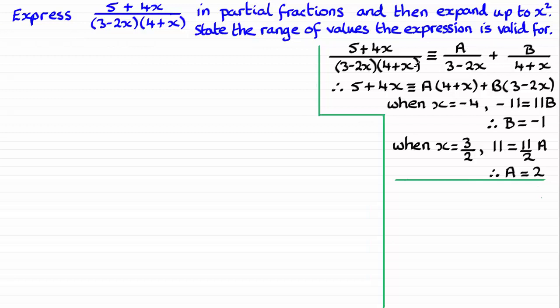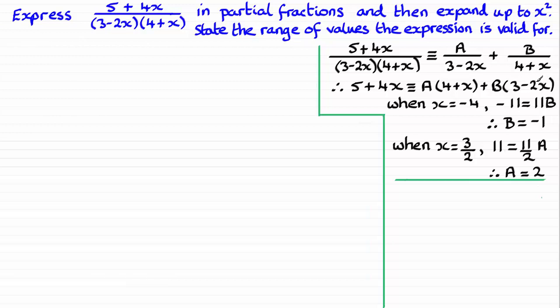Multiply both sides by the denominator, 3 minus 2x, 4 plus x, you should get this line here. And then we need to make each of these brackets 0, so we can make this bracket 0 by taking x as minus 4. Substitute it into our equation here, and you'll end up with minus 11 equals 11b. And that means that b equals minus 1.